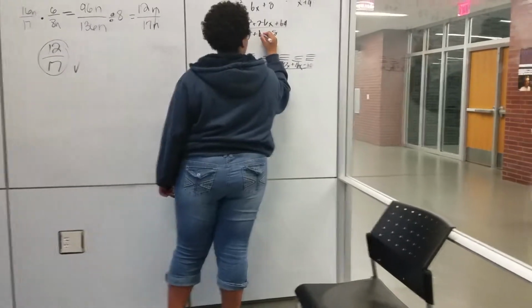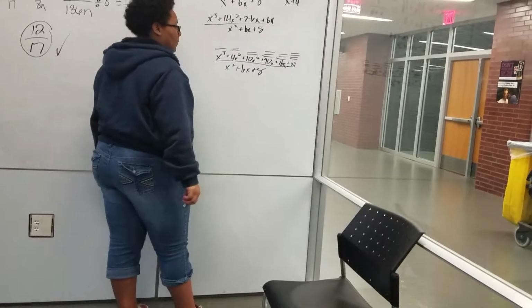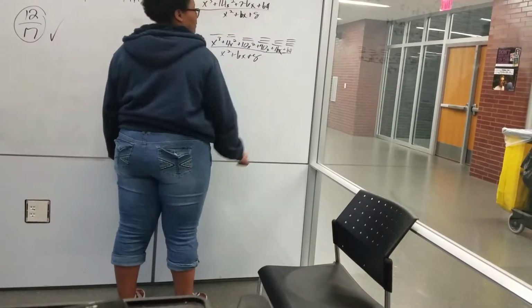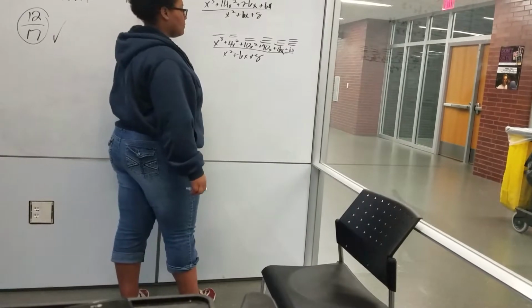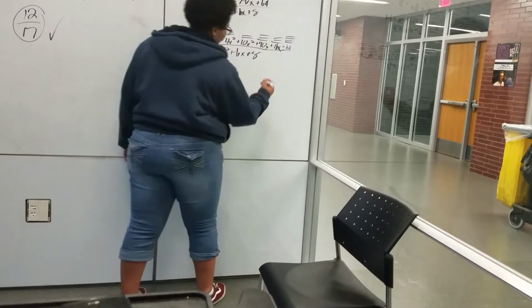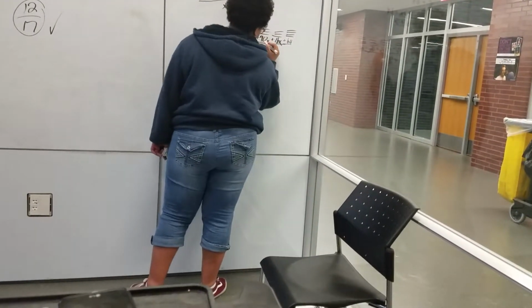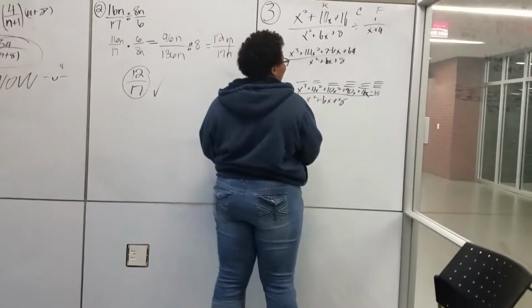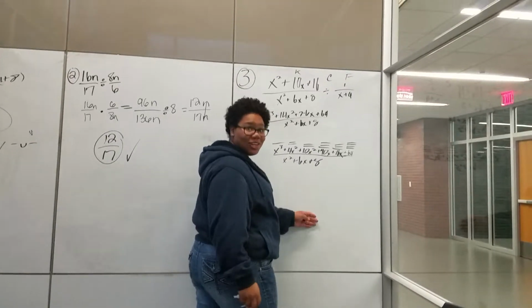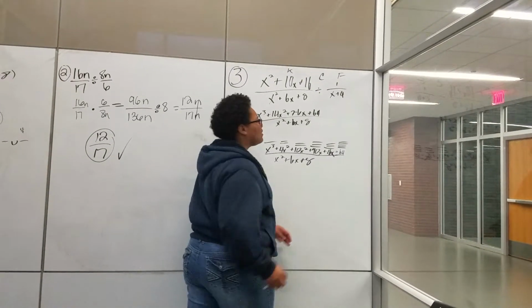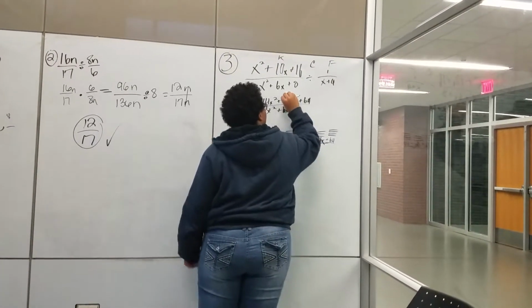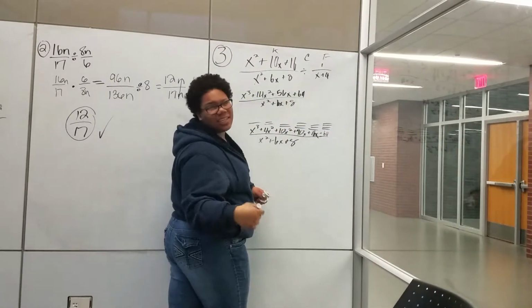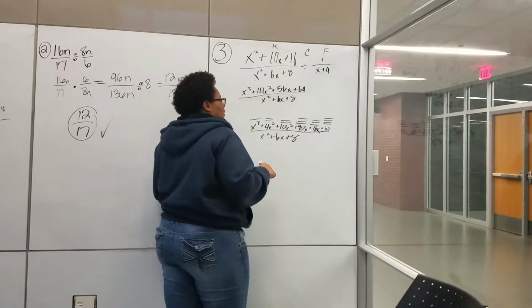Wait, where did you get 26 from? Isn't that a 40? So it's 40 plus 16, which is 56. You know, 5, 2, they look the same.